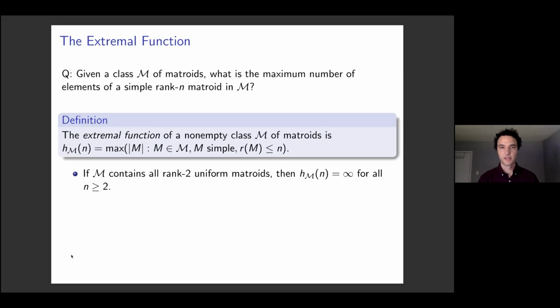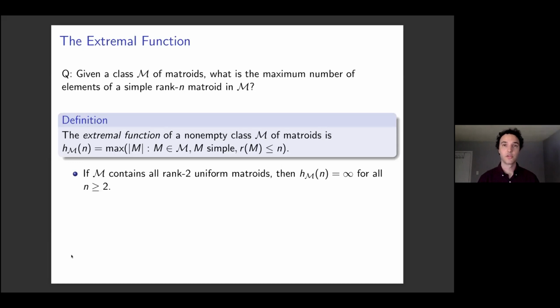If that happens, we just define this function to be infinite for those values of n.